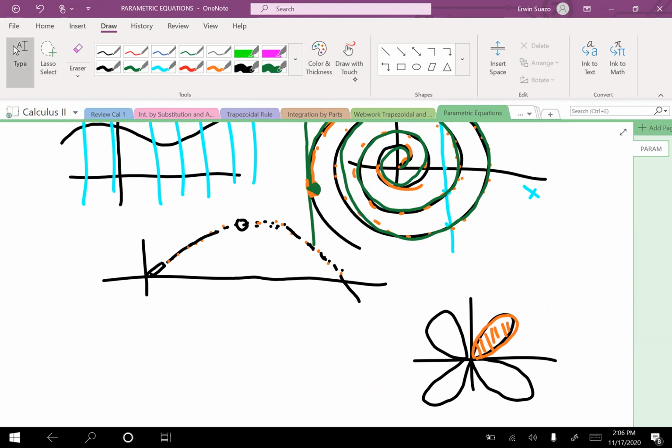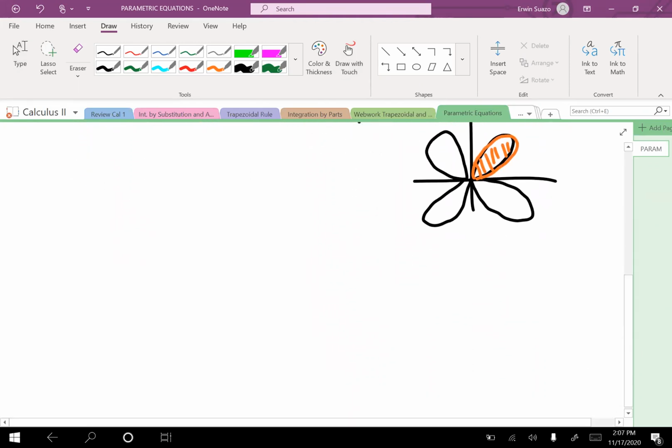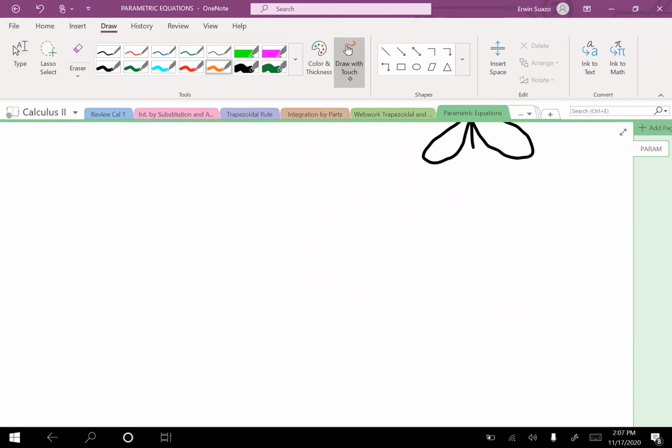So that's the purpose of these last three lectures, and then we are done with the semester. So all these curves that can be studied as functions, we call them parametric curves.